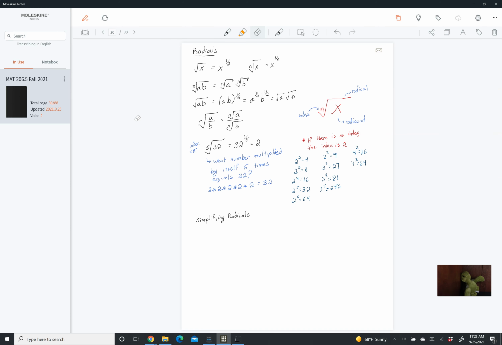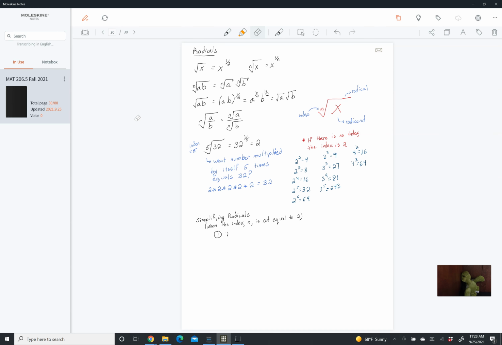And this is really when the index is not equal to 2, because when the index is equal to 2, you can't simplify it any further. So specifically for when the index is not equal to 2. And remember, the index is n. When the index is equal to 2, you cannot go any further. You cannot simplify further.